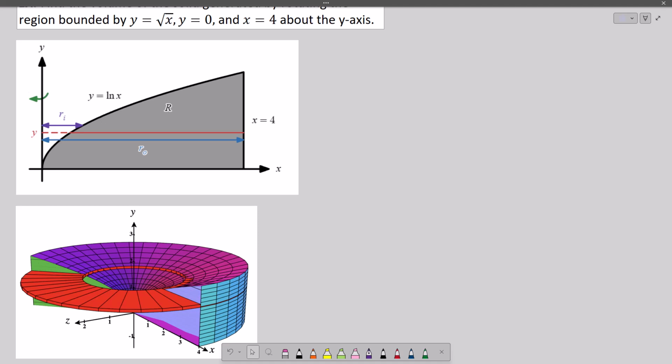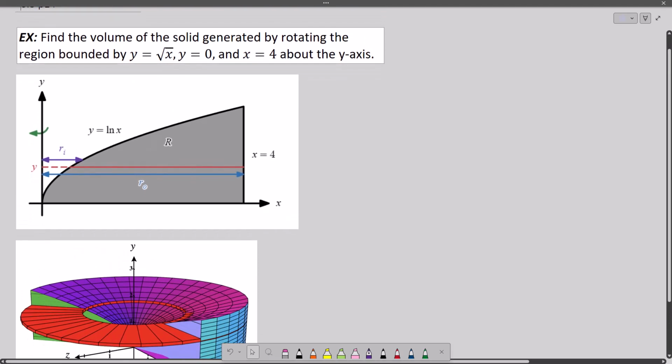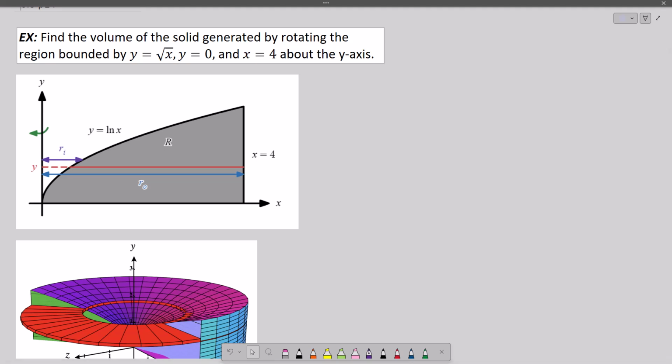All right. So our cross sections are washers. Is it supposed to be the natural log of x or the square root of x? Well, that's a great question. Does that look like the natural log graph? That does not, because the natural log would go through (1, 0).